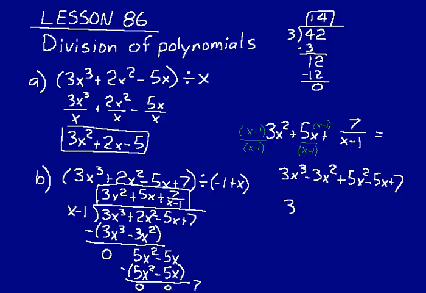Simplify that and we get 3x cubed, and then minus 3 plus 5 would be a positive 2x squared minus 5x plus 7, all of that over x minus 1. See, that's our original polynomial, 3x cubed plus 2x squared minus 5x plus 7. So that tells us that we did the division correctly.